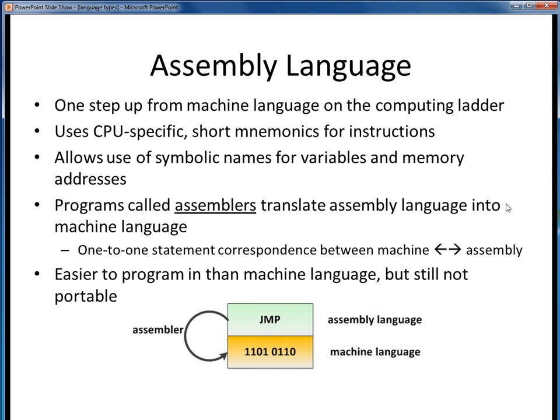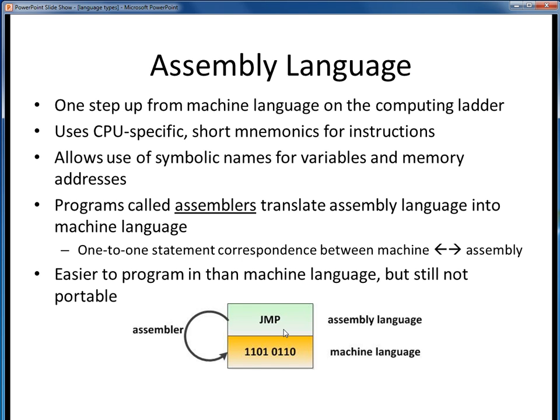It's important to recognize that there's still a one-to-one correspondence between one line of assembly language and one machine language instruction. In this diagram, we can get an idea of the relationship between assembly and machine language. Where before we might have a machine language instruction in binary that looks like this, and I'm just making these up, its equivalent assembly language instruction might be JMP, which stands for jump to some other instruction.